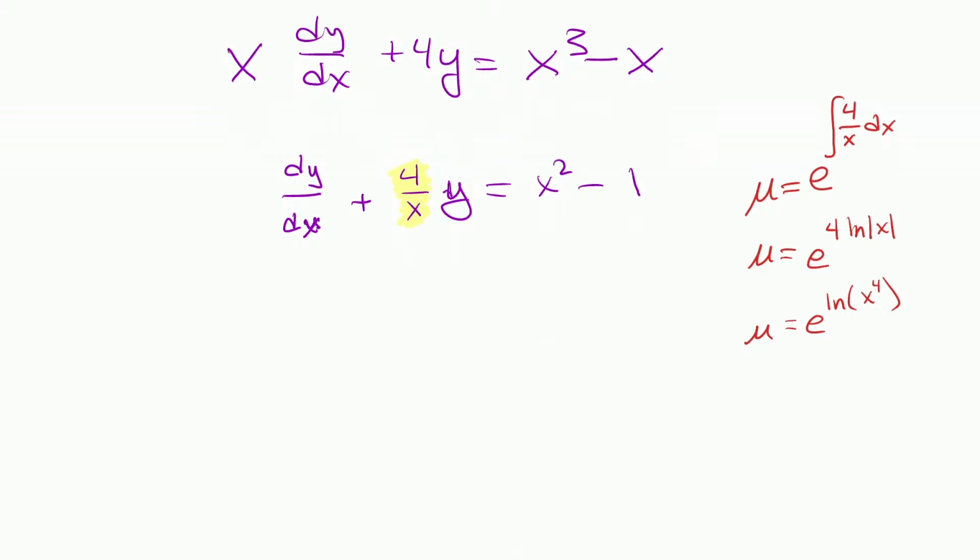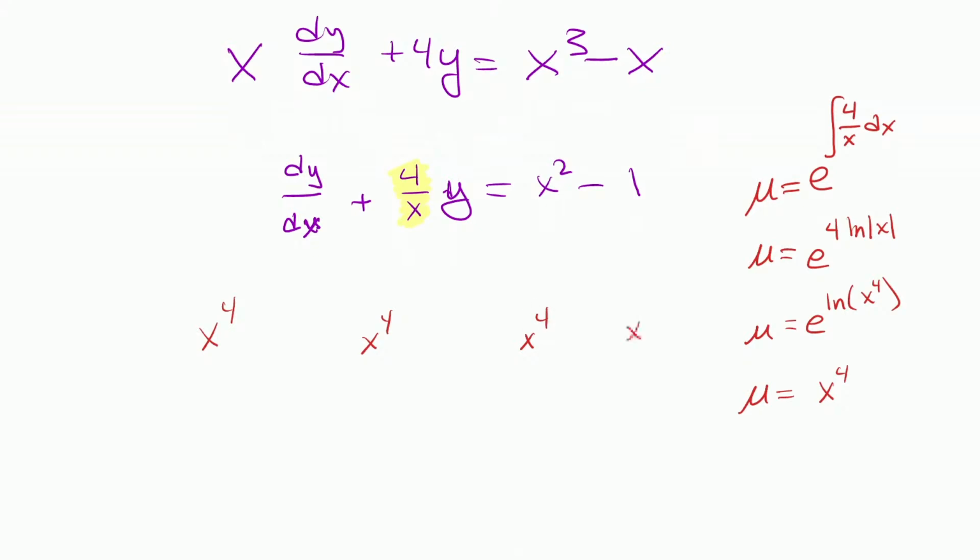And then we're going to multiply everything by this. So you have e to the ln of x to the fourth. Oh, sorry, one more step. My bad. The whole point of that was to say that the ln and e are inverse functions, so this is just x to the fourth. Now we multiply everything by x to the fourth.